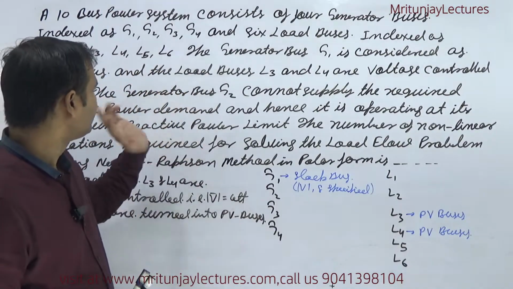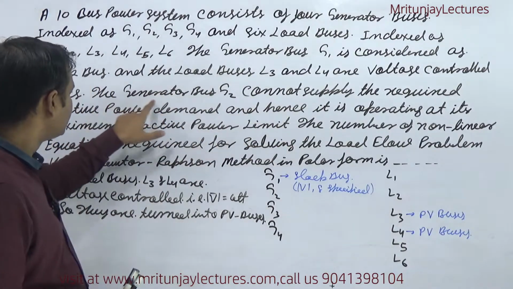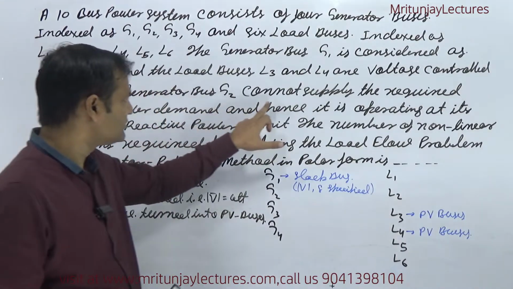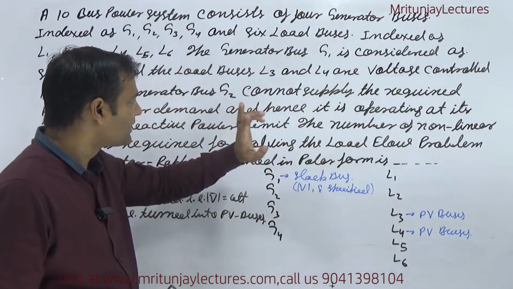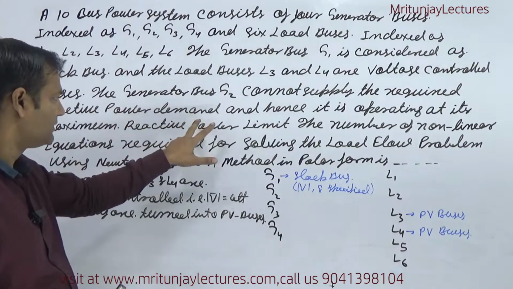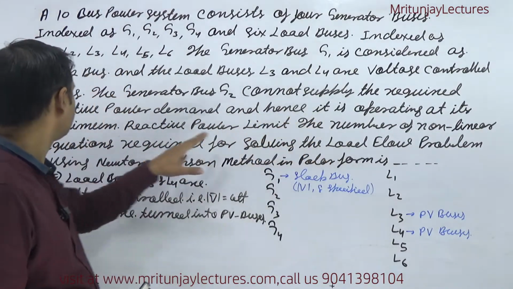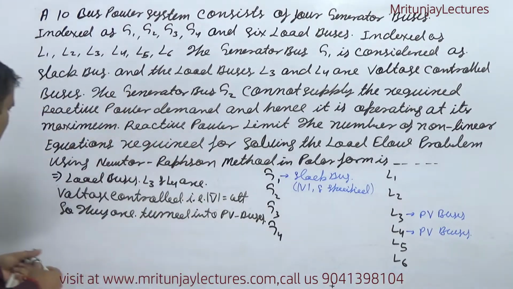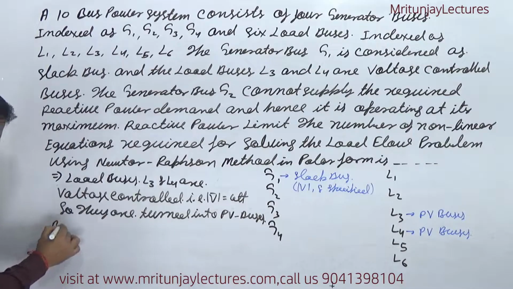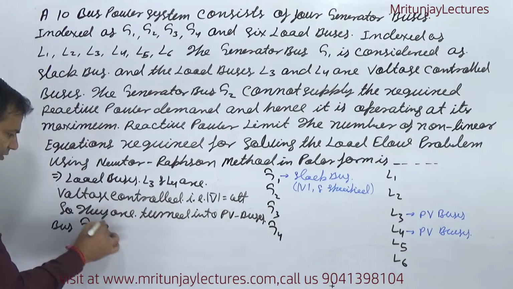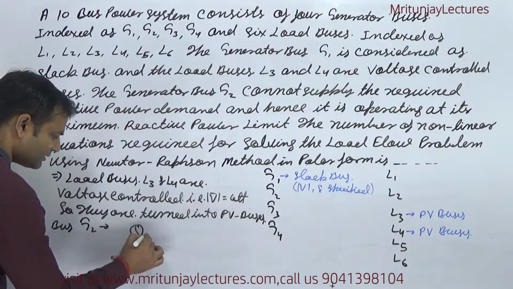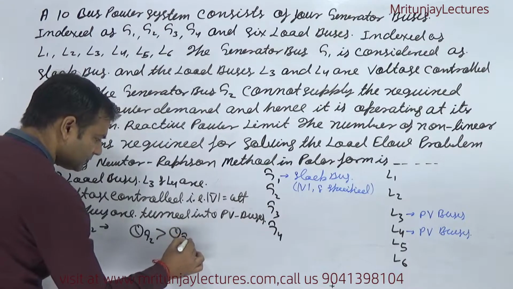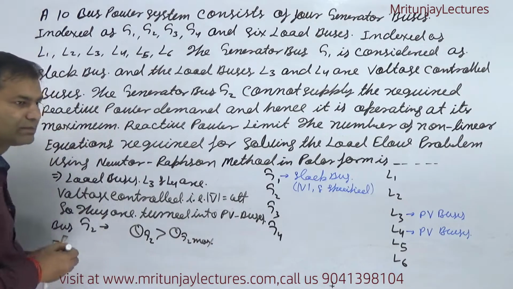Now after that, generator G2 cannot supply the required reactive power demand and hence it is operating at its maximum reactive power limit. What do you mean?